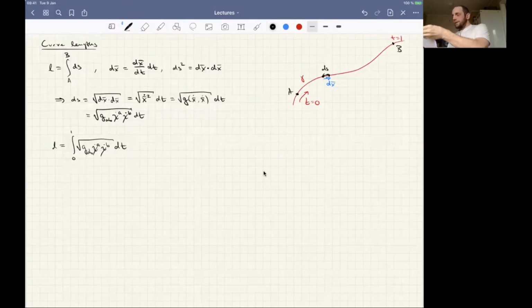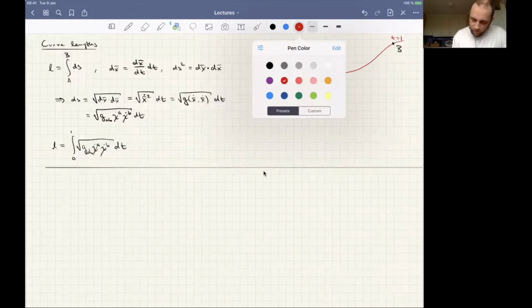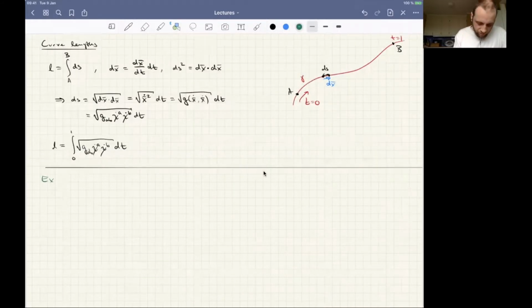Okay, so just a quick example of that. Let's take the circumference of the circle, just to see that it works.